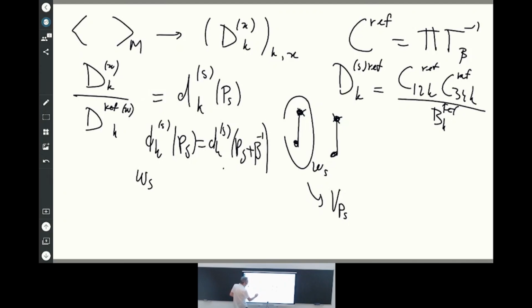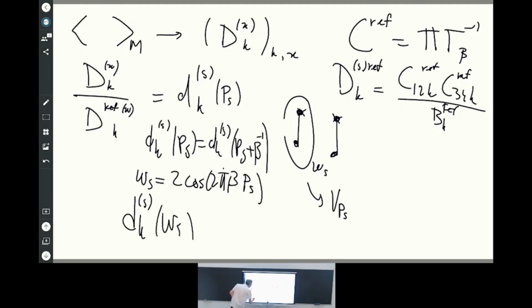Now, if you remember, Ws was 2 cos 2 pi beta PS. So the fact that dk is periodic under beta inverse means it's in fact not just a function of PS, but a function of this trigonometric quantity Ws.